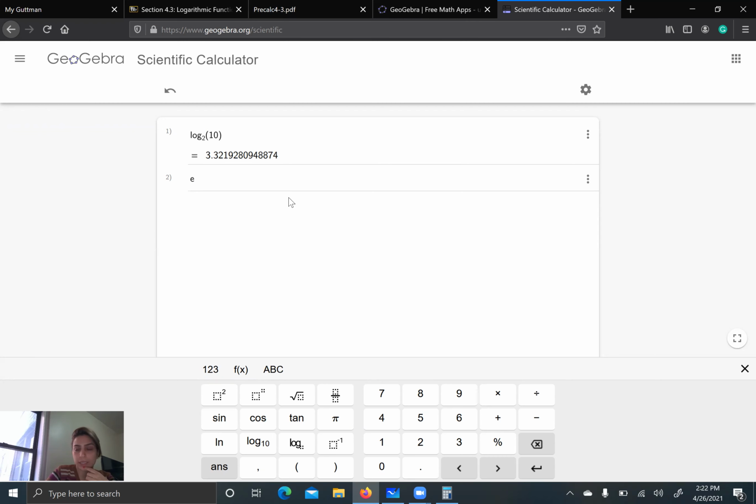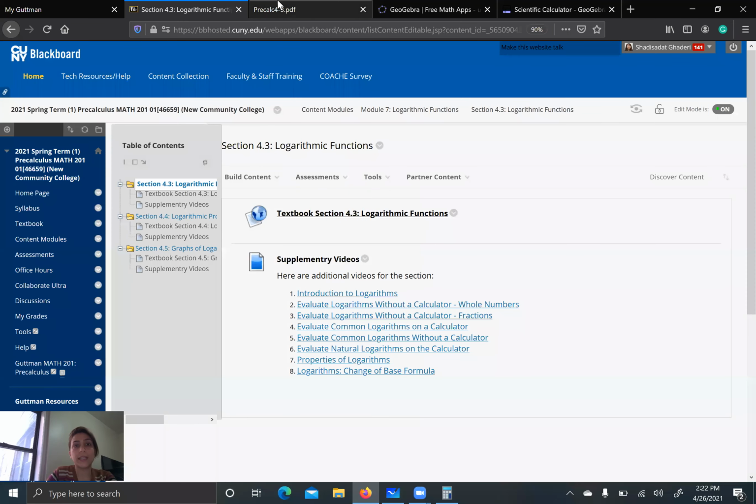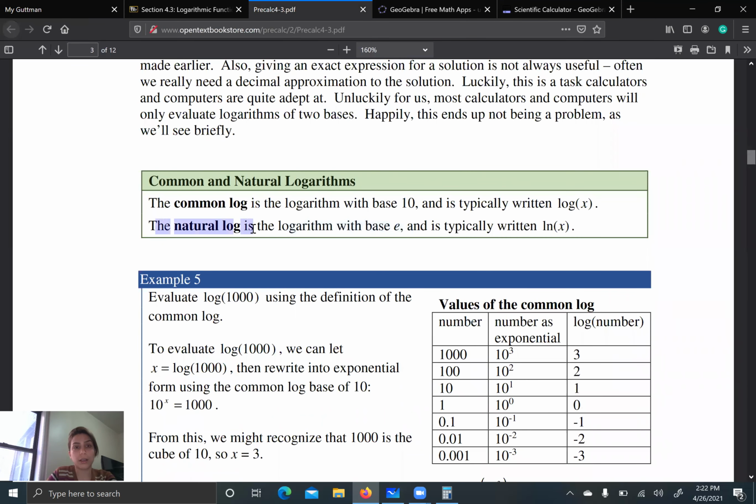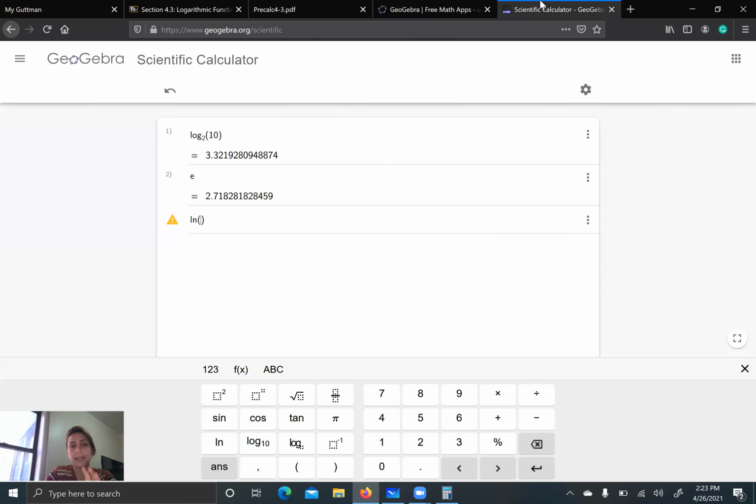But what if the base is e? Then we use this notation, ln, and we call it natural log. What is natural log? It's the name we give to the logarithm that has a base of e, and we typically write it as ln or natural log of x. So in this calculator, I'm going to do it one more time.